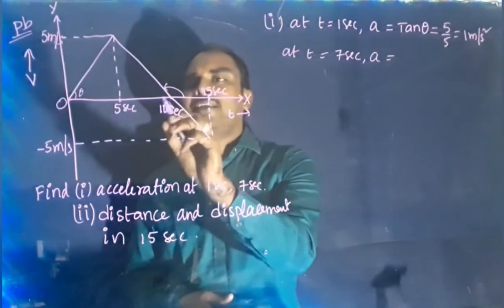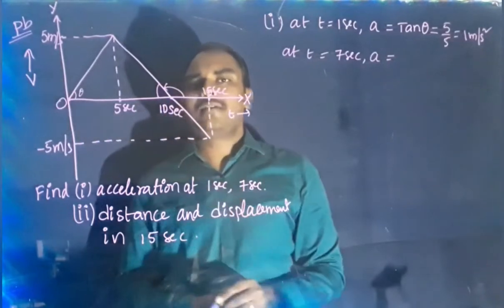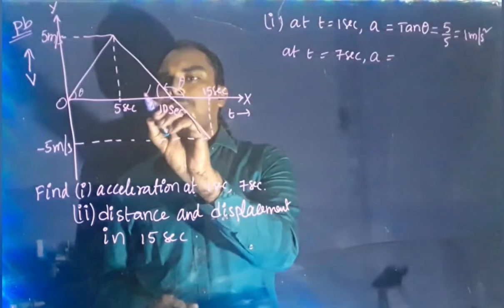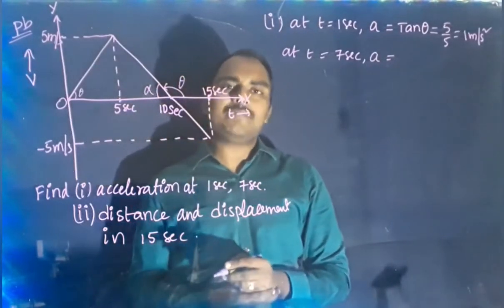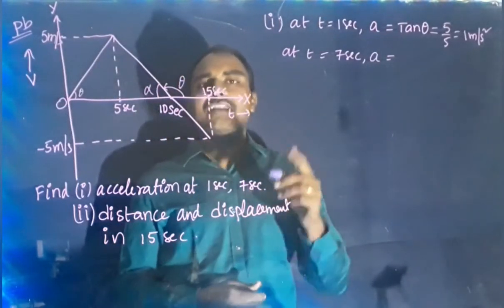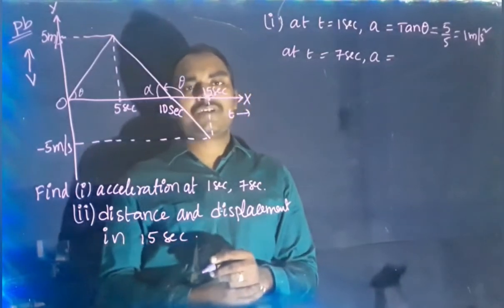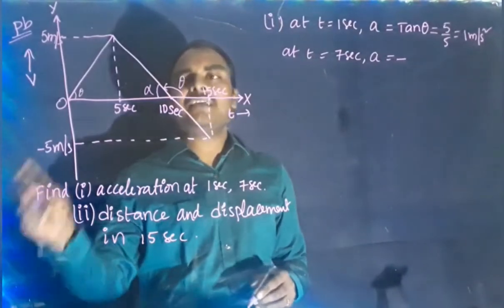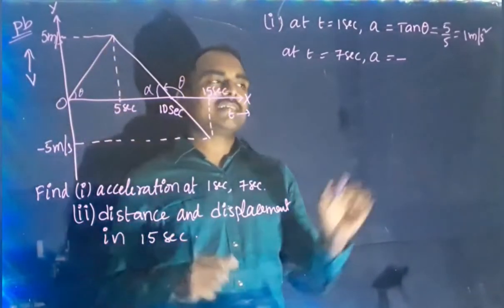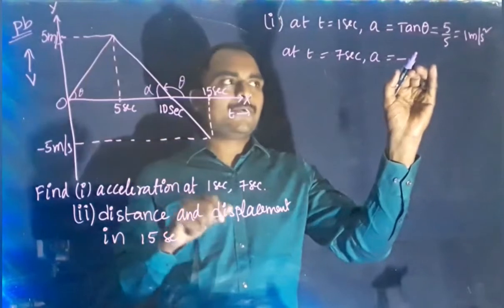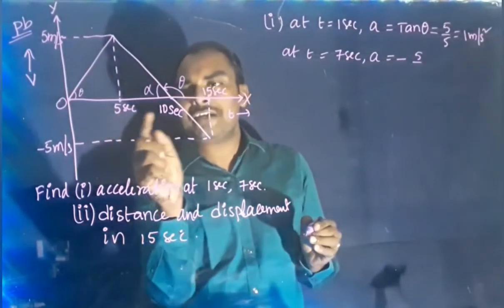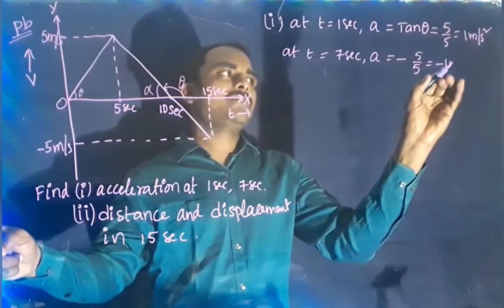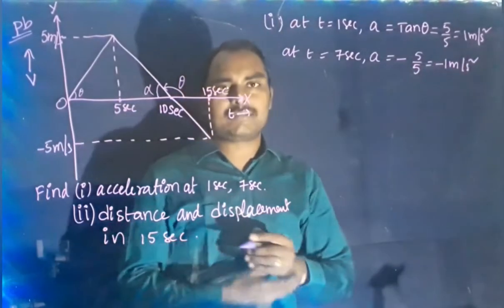Instead of this angle we measure this angle, alpha. If it is theta, we can write alpha as 180 minus theta. Tan of 180 minus theta is minus tan theta, which is opposite side by adjacent side. Opposite side is 5 and adjacent side is 5, over the 5 seconds from 5 to 10. So it equals minus 1 meter per second square.